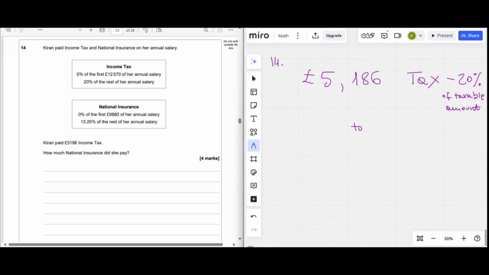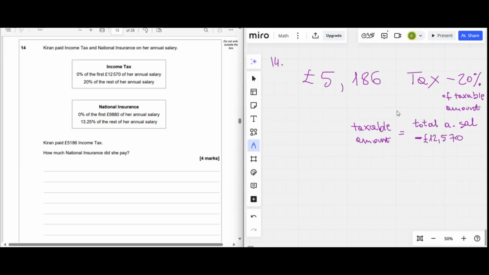And that taxable amount is her total annual salary minus the tax-free amount being 12,570. It's called personal allowance, as far as I know. And that difference is then the taxable amount, which is then multiplied by 20%.